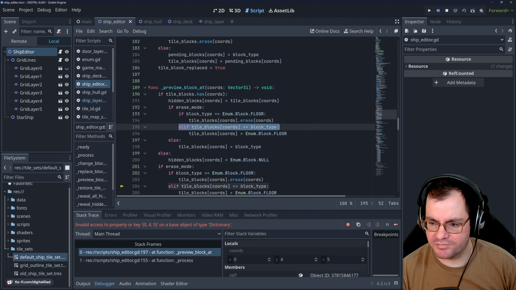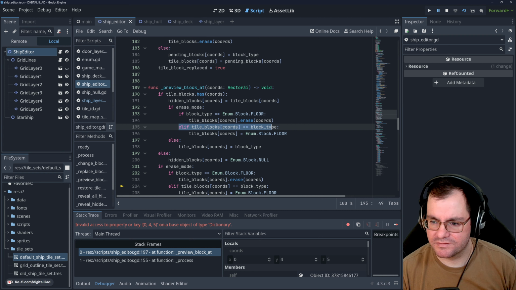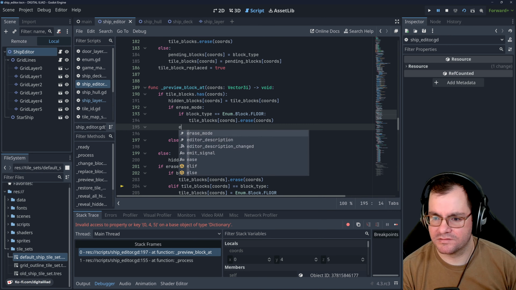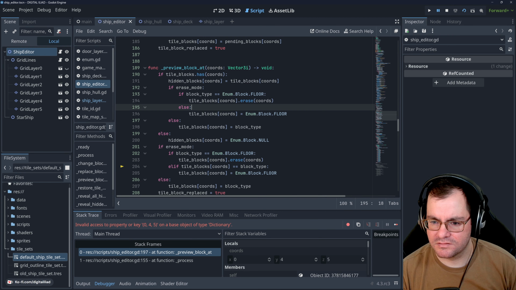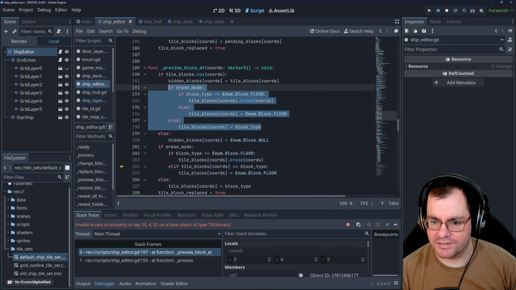If it's any other block type, it should just make a floor, right? Not if it's the same as this. So the other tile types are all exclusive. Yeah, this could probably just be an else. And down here, if it's not erase mode, we do that. Okay, then we'll throw this down again in here.